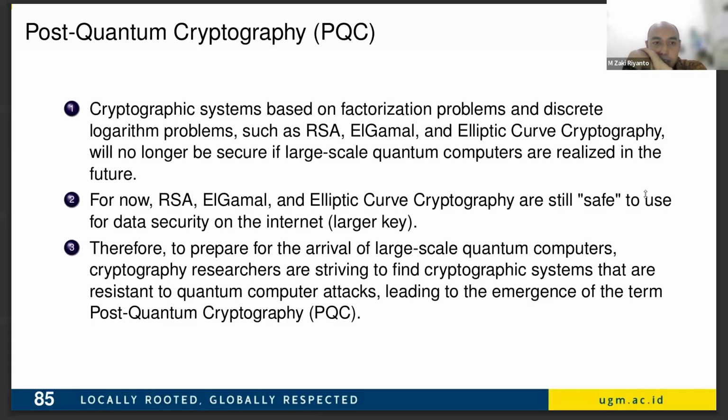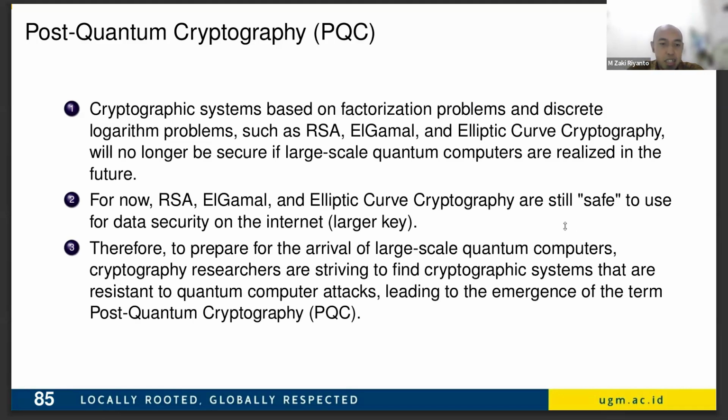The cryptographic systems based on the factorization problem and the discrete logarithm problem, the RSA system, ElGamal system, and elliptic curve cryptography, will no longer be secure if a large-scale quantum computer is realized in the future.